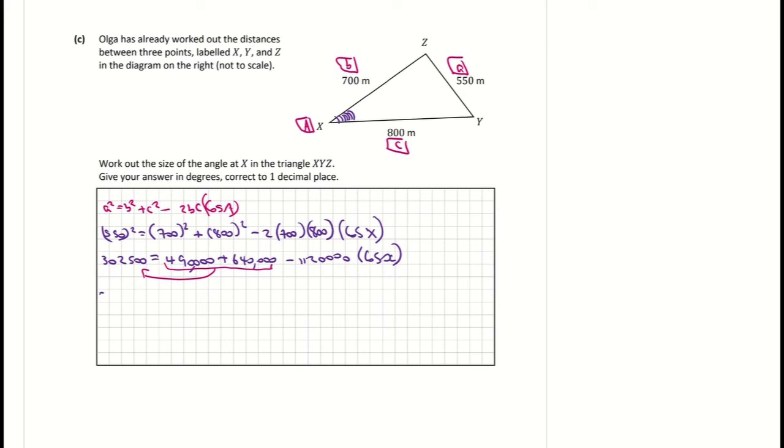So that is 302,500 minus 1,130,000 equals minus 112, 4 zeros, cos X.